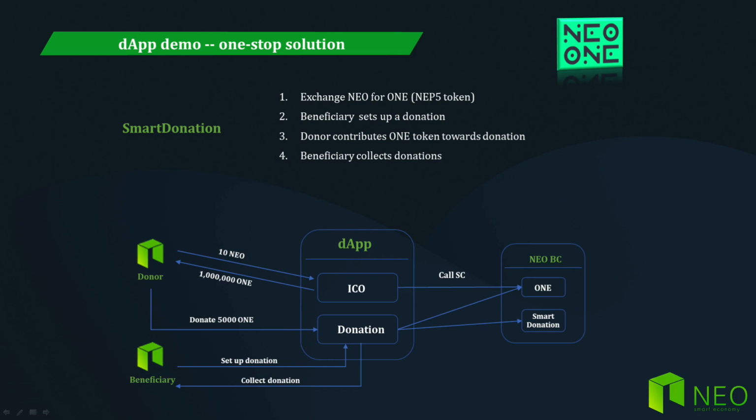And then the beneficiary can set up a donation, and eventually it will be recorded on the blockchain as well. And then the donor can donate tokens towards this donation. Eventually the beneficiary can collect the donation. Now that you have a brief idea about what we're demonstrating and what we're building, here's how we actually do it.